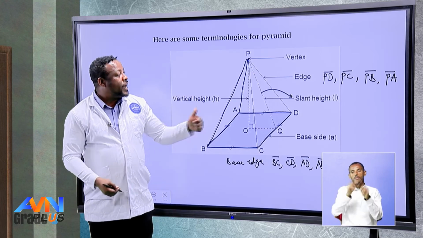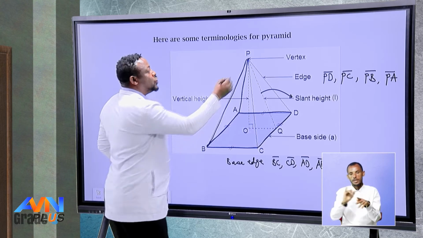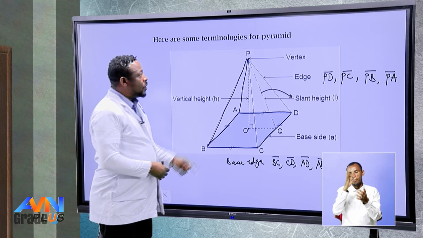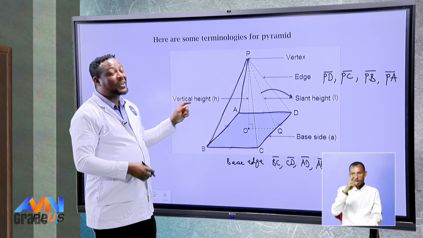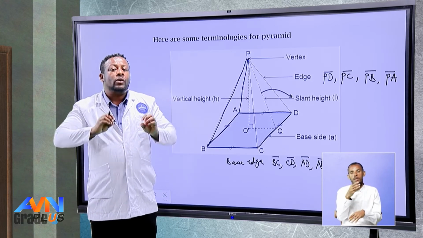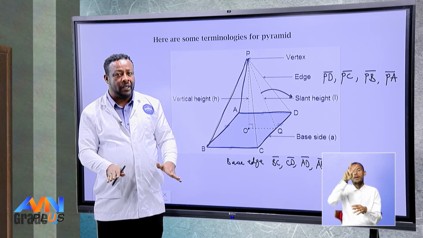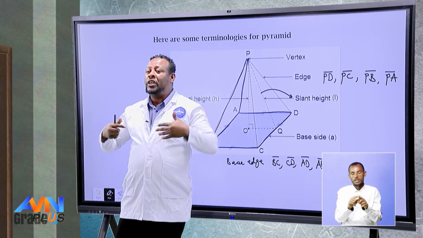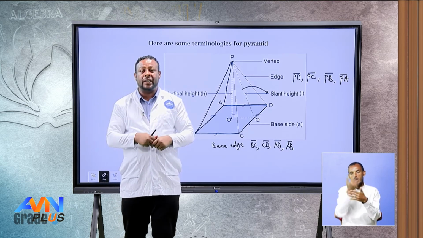But the altitude of the pyramid is a line segment joining the point P to the center of the base. So PO or OP is a vertical height, called the altitude. Whenever we say altitude, we mean the vertical height of the pyramid. So these are the terminologies that we usually use in the discussion of a solid figure, particularly in a pyramid.